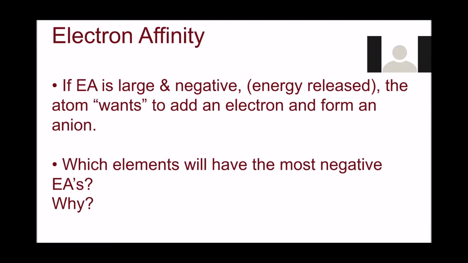The small atom is small because it felt more attraction to the nucleus. So that means that the nuclear charge is strong enough to pull the valence electrons closer to itself. If it's strong enough to do so, it's going to be strong enough to add an extra electron. It's going to favor adding an extra electron.